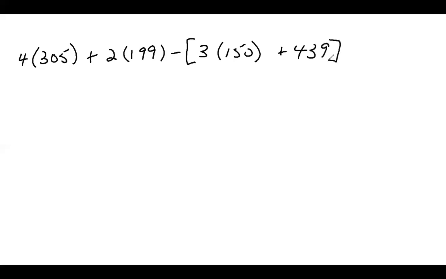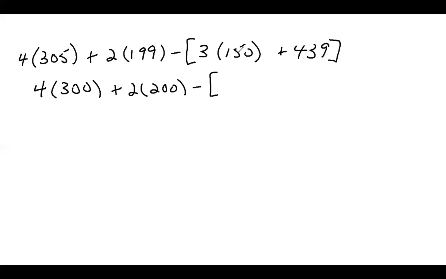When we do something called bond energy, this is the type of equation that we will have. Multiple choice, we want to get a quick answer. So I'm going to change this to 4 times 300, that's close enough to 305, plus 2 times 199, I'm going to call that 200, minus, and be very careful that you keep that minus, because this minus is for all of this. Keep these brackets here.